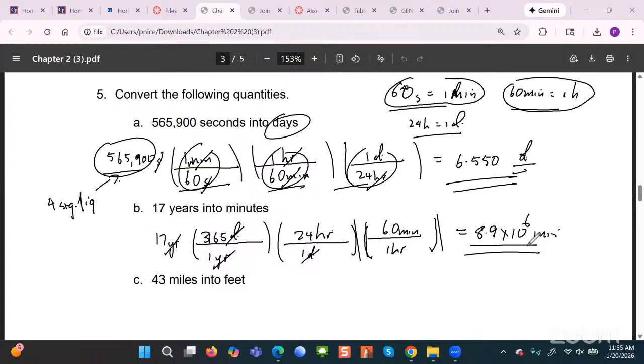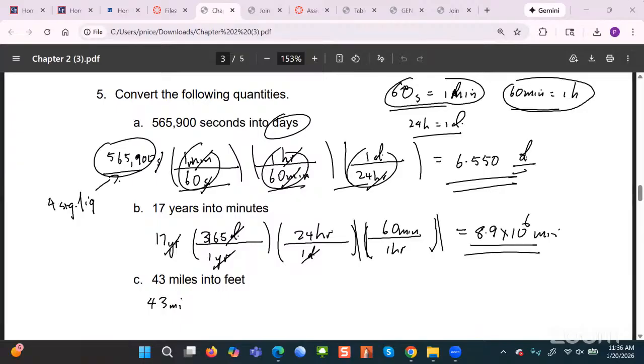Okay, any question about this one? Any questions? Okay. 43 miles into feet. Now this one, you definitely need to refer to the tables to get the relationship. So we're starting with 43 miles.